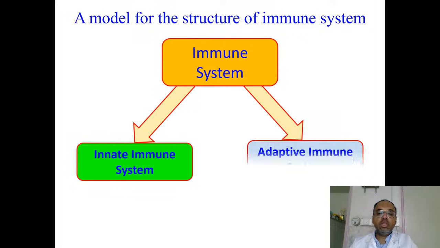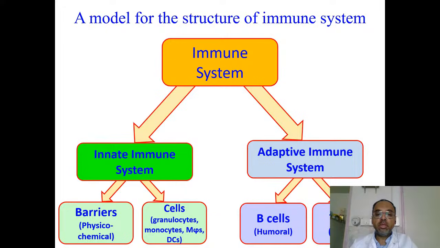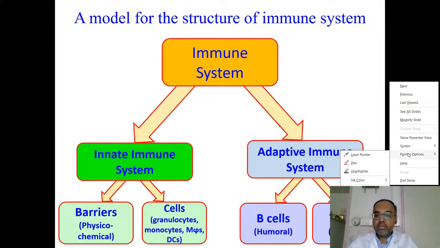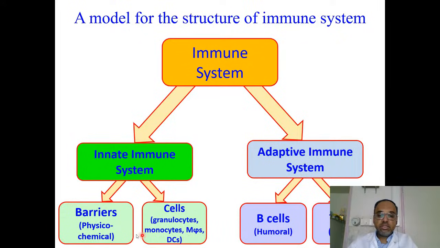So this is the model of the immune system that we usually use for training of immunology. It shows us that the immune system has two major arms: innate immune system and adaptive immune system. Innate immune system itself is composed of physical chemical barriers as well as some cells which usually perform phagocytosis.